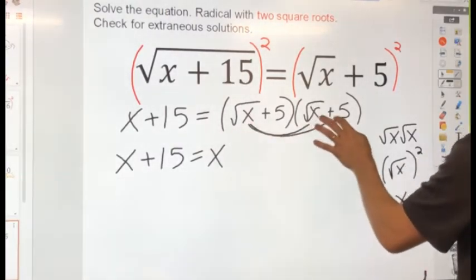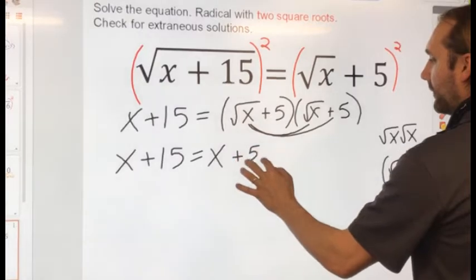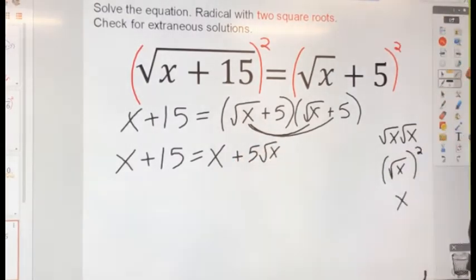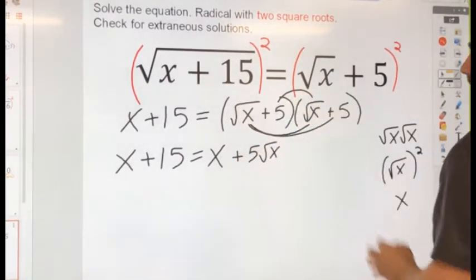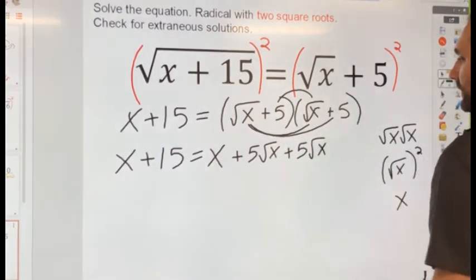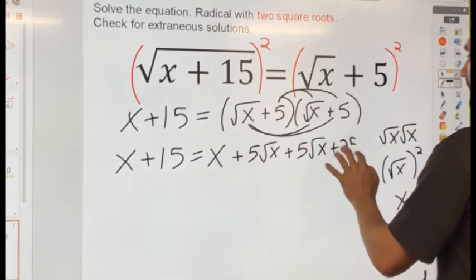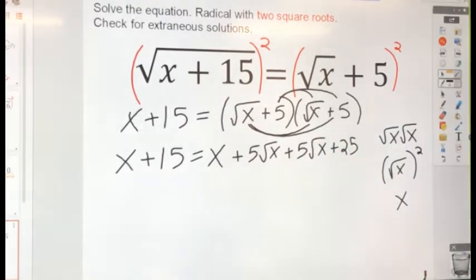And then now, square root of x times 5 is 5 square roots of x. Multiply this one, 5 times square root of x is 5 square roots of x. And then last but not least, 5 times 5 is 25. So I got rid of one of my radicals.